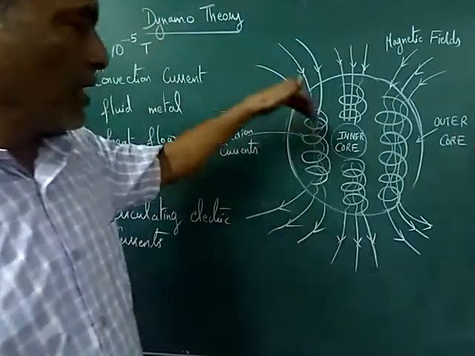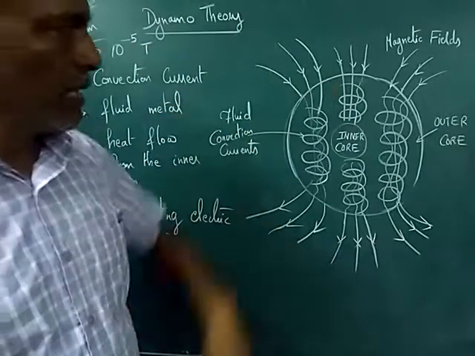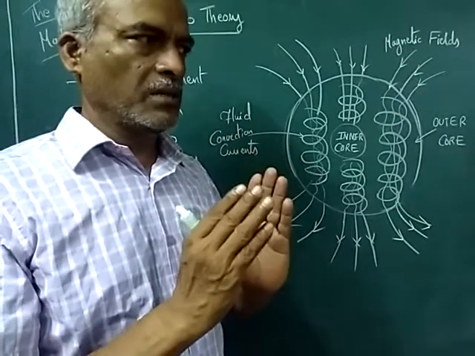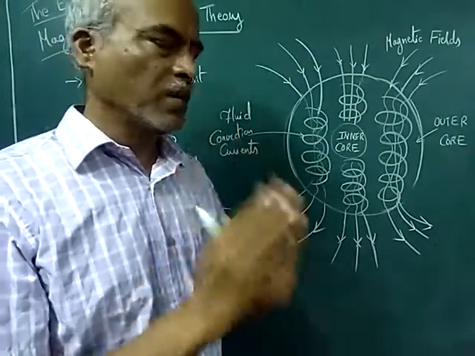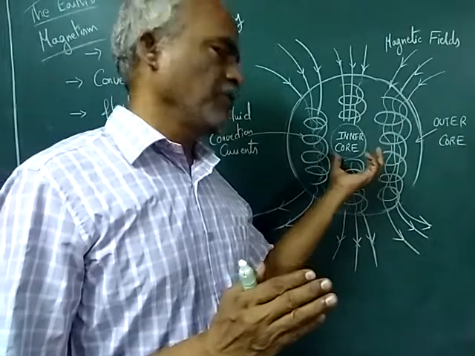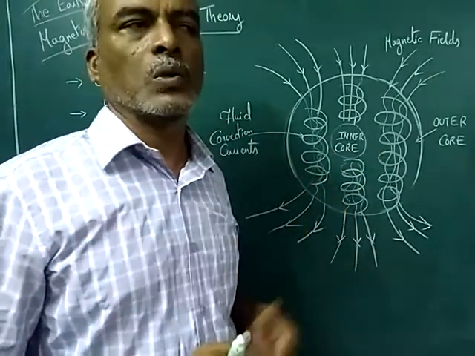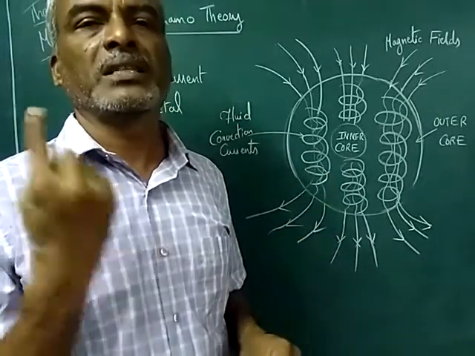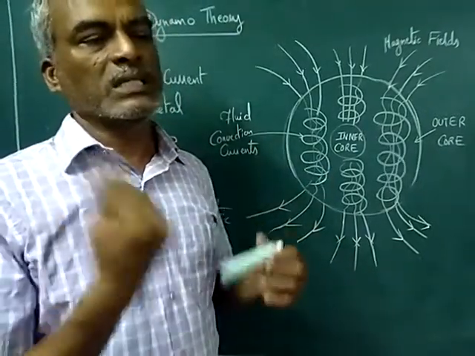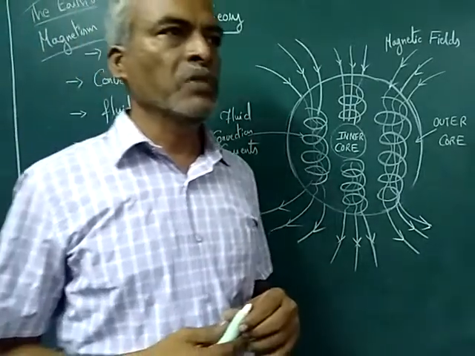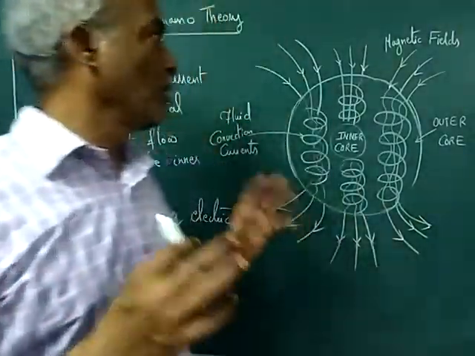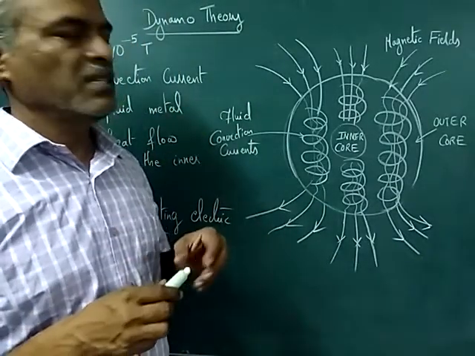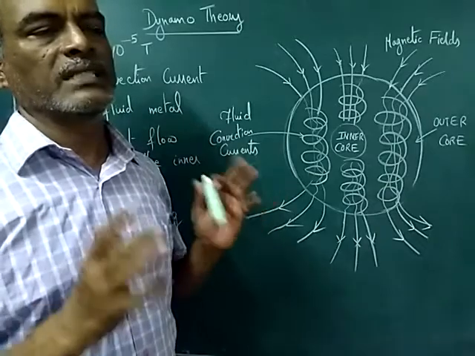Entering and coming out, and once again entering. The main concept is the convection current, which happens because of the temperature difference between the inner core and the outer core, and the molecules involved in the fluids are responsible for creating the circulating current. Once current is there, a magnetic field is there. So that's all about a small introduction on dynamo theory. This is the fundamental basic idea of how Earth acts as a magnet.